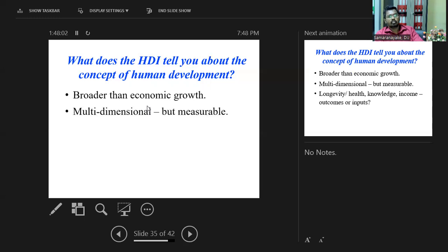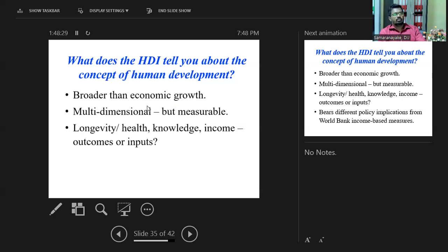It is also multidimensional because we consider different things, and measurable, which is good. We use different dimensions: life expectancy, longevity of life, knowledge, and even per capita income. So we have different dimensions collected together, and we can measure it. That seems nice.